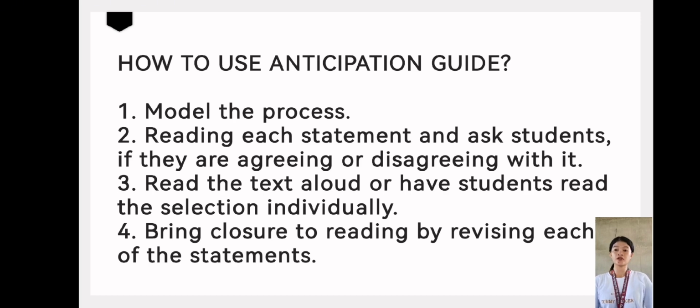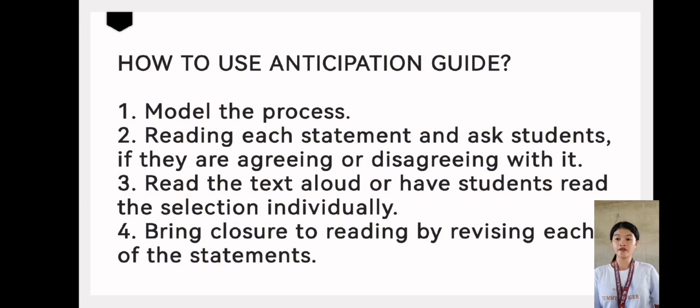The second step is to read each statement and ask students if they agree or disagree with it. The students will check or answer those statements if they agree or disagree.